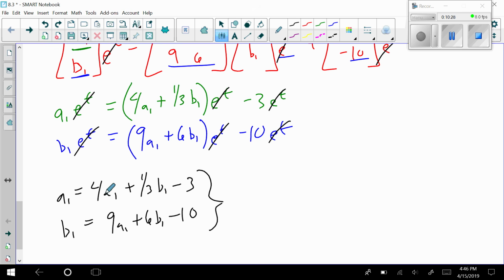If I wanted to bring this a over, maybe the 3 across, that'd be 3 equals 3a sub 1 plus 1/3 b sub 1. Which, if you really hate the fraction even, you could actually multiply everything by 3. So then this would be a 9 equals 9a sub 1 plus b sub 1.